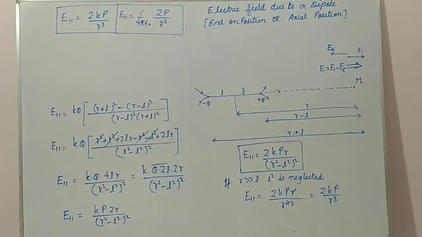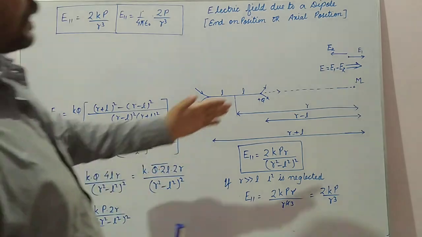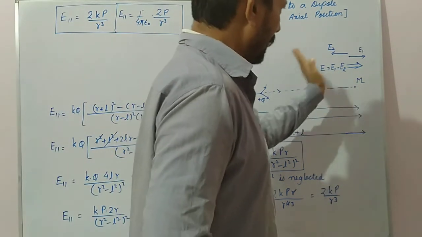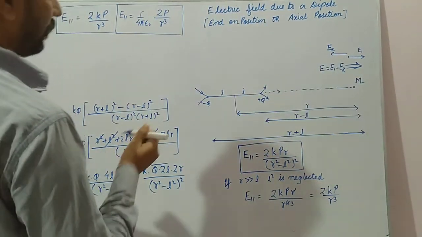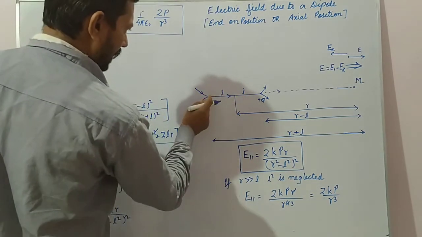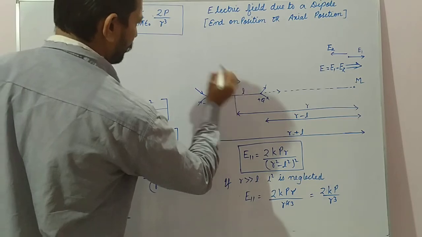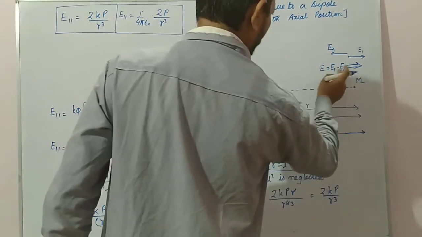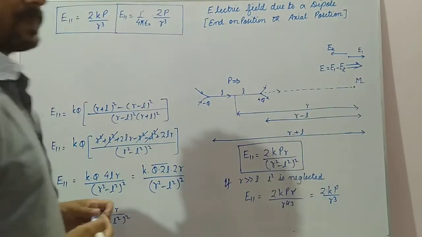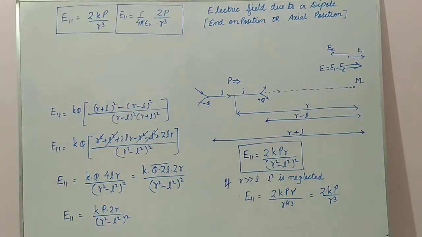This is the required electric field direction, and it is directed here. The net electric field is acting towards right, and the dipole moment, from minus q to plus q, is also towards right. This is the only condition where the electric field as well as the dipole moment act along the same direction. Now we will come to the properties.